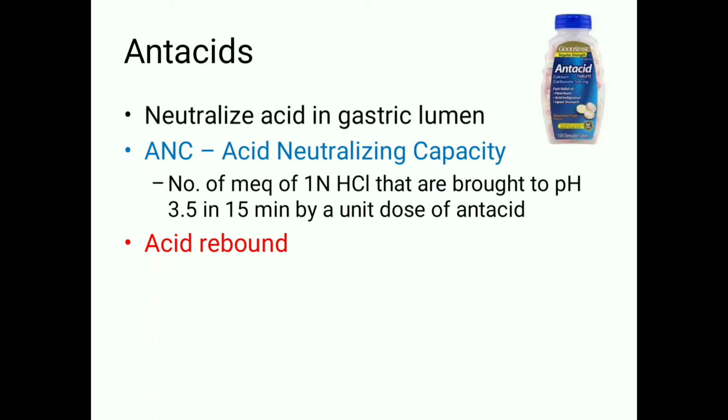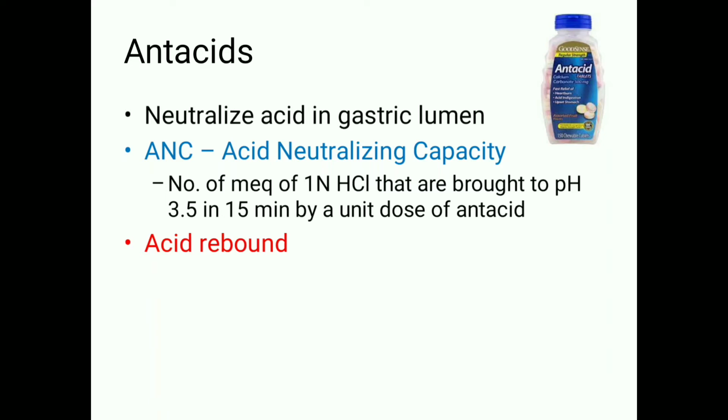But this problem is not seen with proton pump inhibitors or H2 blockers, though they are also increasing the gastric pH. The reason is that proton pump inhibitors inhibit the final step of acid secretion. So whatever gastrin secretion is occurring, that could not produce its effect because the final step has already been stopped. Similarly, with H2 blockers, they have blocked the H2 receptors.